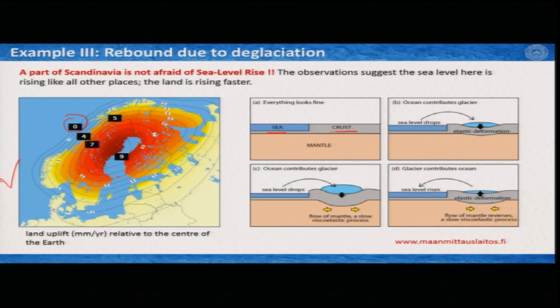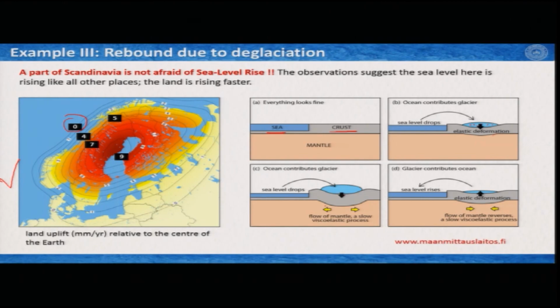But earth is a dynamic system, so probably during some sort of cooling time, the sea level dropped because it contributed to the formation of glacier in this region. Now, this glacier, which is this blue area, is heavy ice. So, ice is loading the continental crust, and therefore it is deforming the continental crust elastically, so it is going down.